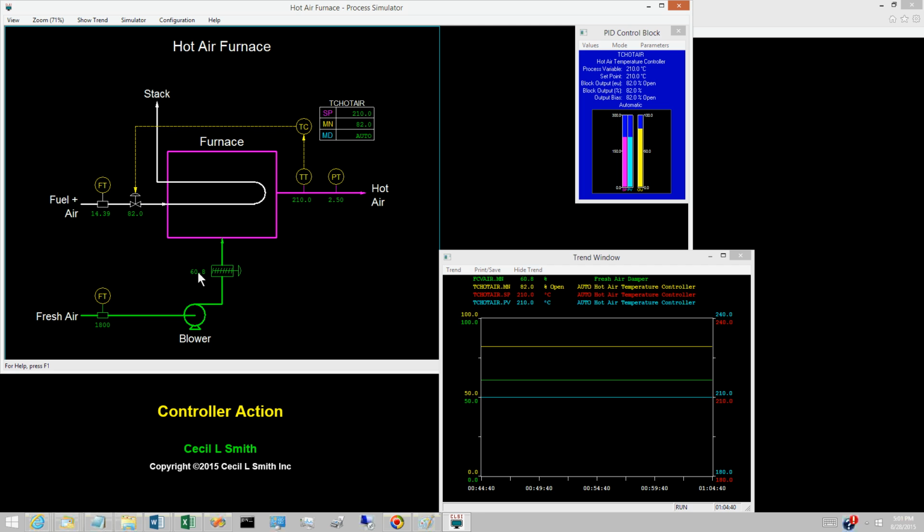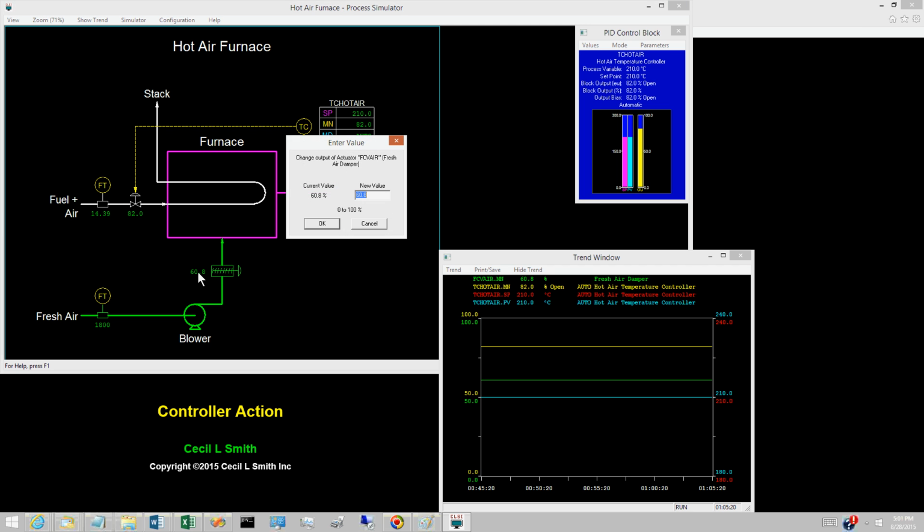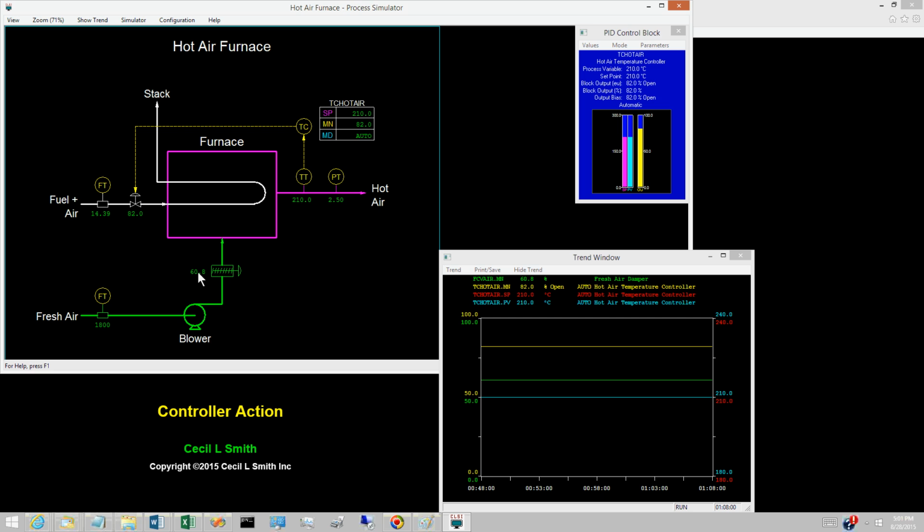Increase the fresh air flow by changing the fresh air damper opening to 65.8%. The hot air temperature initially drops, but the controller responds appropriately.